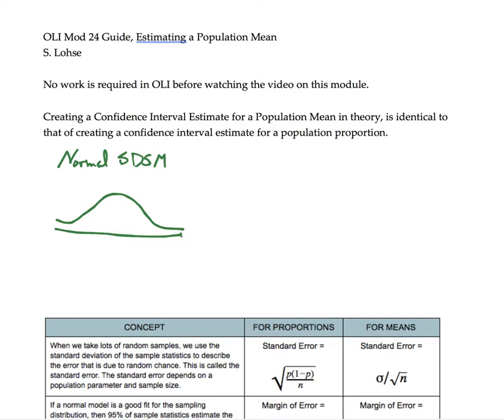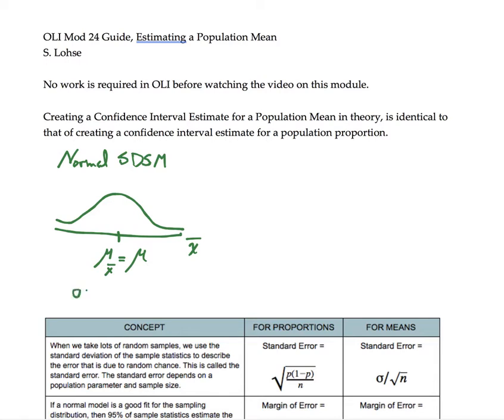So again, the sampling distribution of sample means is our distribution where all of the values along the horizontal axis are sample means. The center of this distribution, the mean of all the x bar values, is equal to the population mean mu. You did see that in your activity.